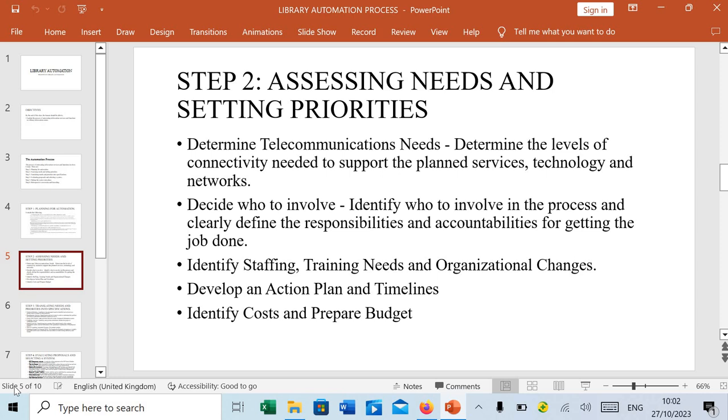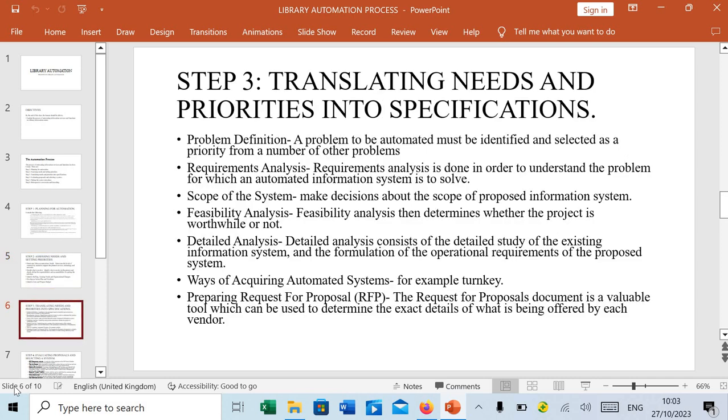Then you're supposed to decide who to involve in this particular process, identify the staffing needs, and also develop the action plan and timelines, identify the costs, and then prepare the budget, which is supposed to capture the automation process.